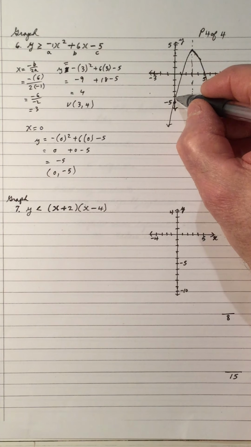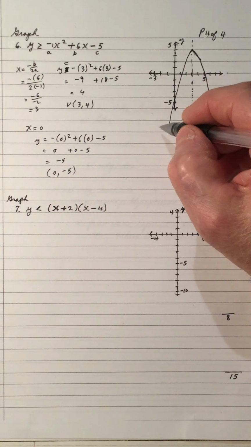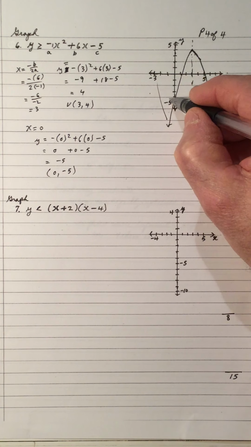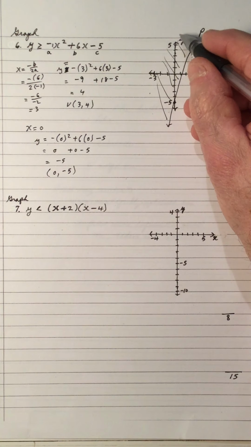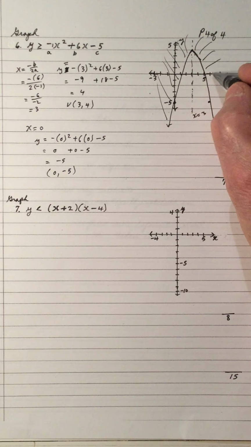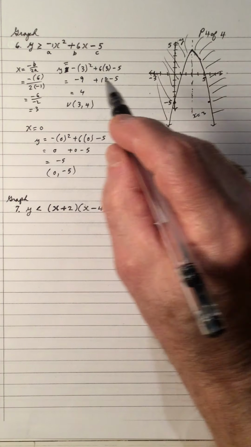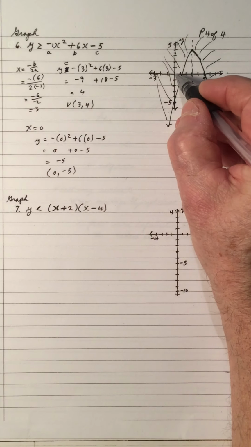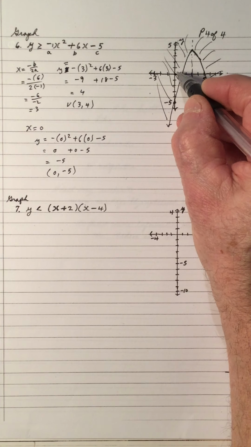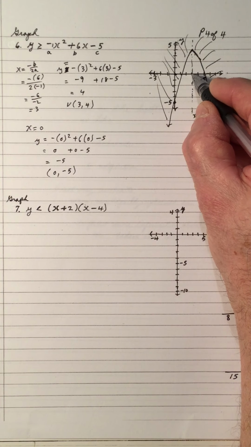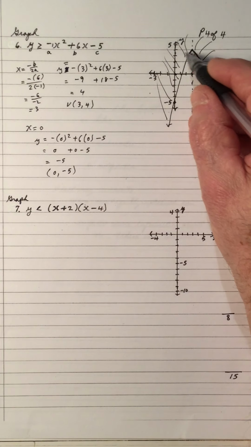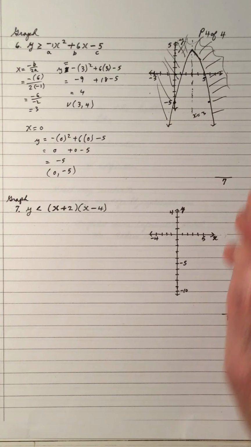We have the parabola drawn, and greater is above, up. So we shade up. And how do I know? Well, take a point. Take 0, 0. Plug 0, 0 in, and 0, 0 should make it true. If you plug this point in here, it would make it false. So that's why we shade out here.